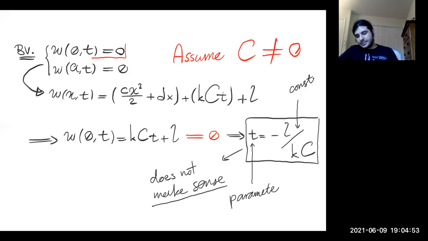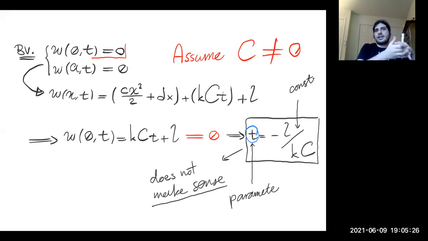You can see, look, this t is not an unknown to compute. This t is the parameter. T can be anything, right? T is the time variable. It can be 0, it can be 1, it can be 2, it can go to infinity. The right-hand side is fixed. That doesn't make sense. T is not a fixed time to look for. This equation doesn't make sense because on one side we have this parameter t, which can be anything.